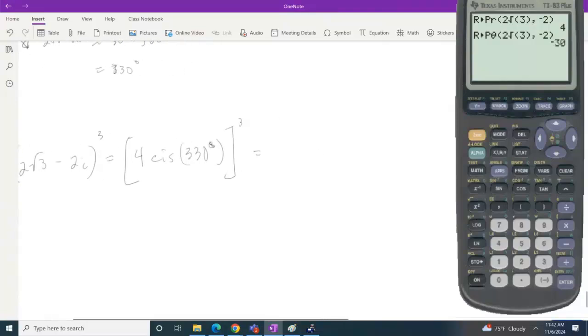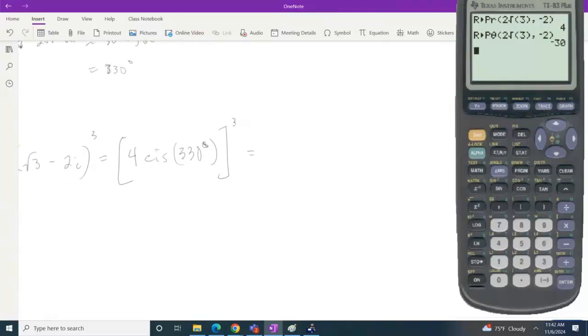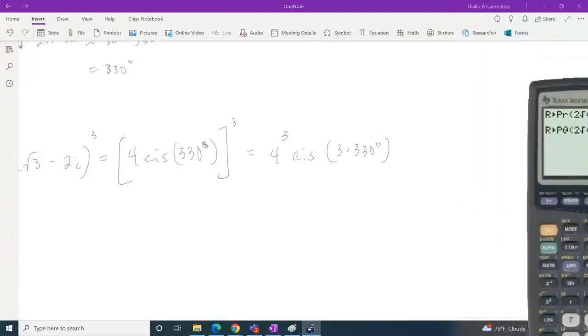And then De Moivre's theorem tells us that we can take our modulus, which is 4, raise that to the third power, cis 3 times 330 degrees.